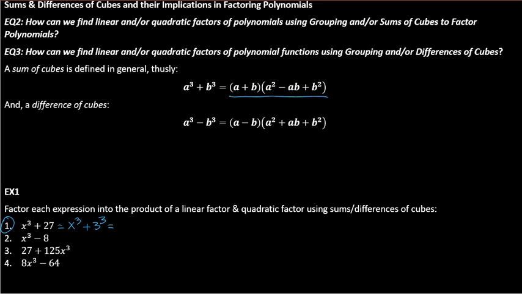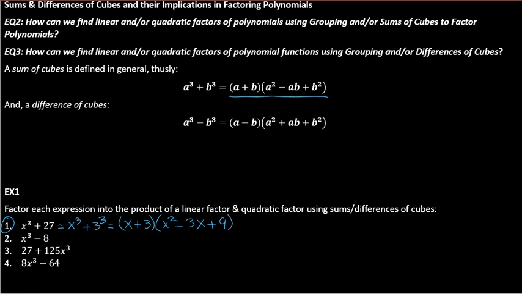So a cubed plus b cubed is equal to a plus b times a squared minus a times b, right? In this case, it was b times a, but we always like to put the coefficient in front of the x. Plus b squared, so 3 squared or 9. That one was a sum of cubes, easy peasy.